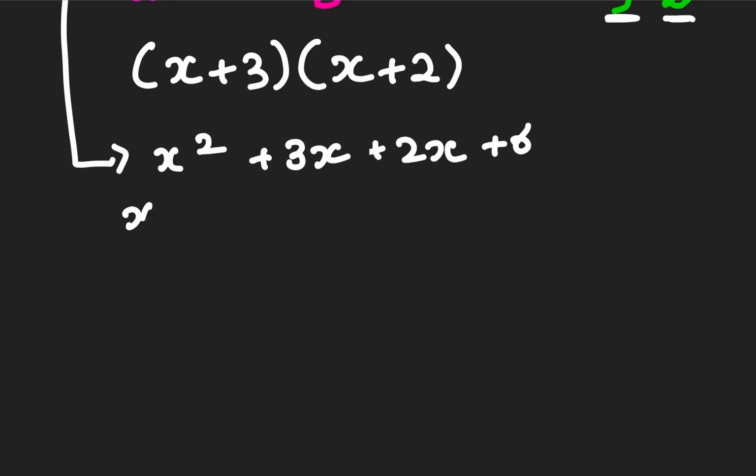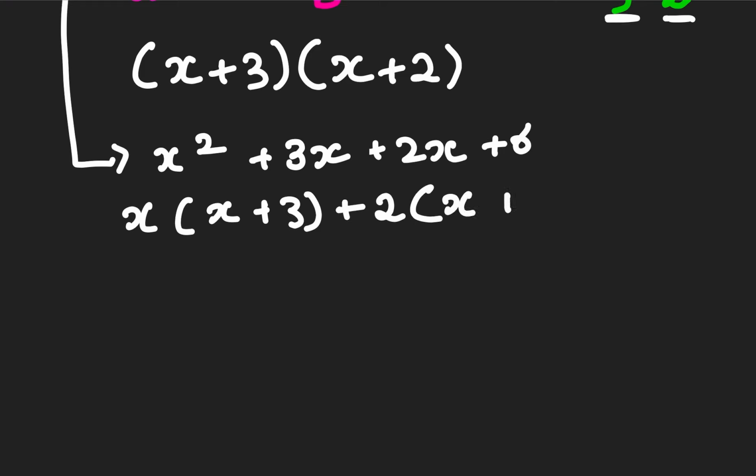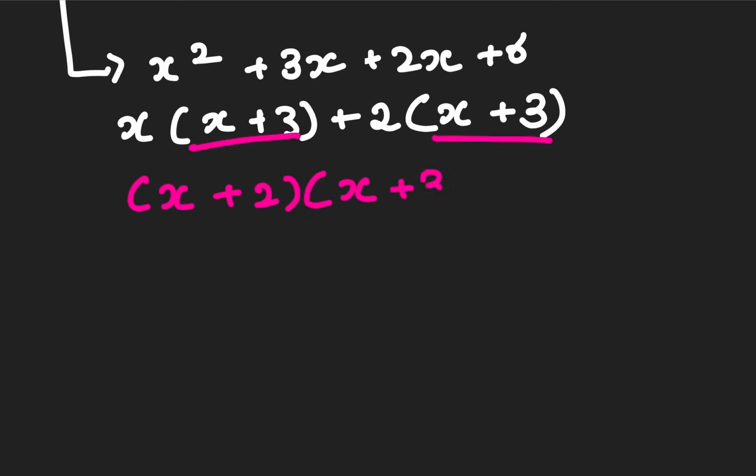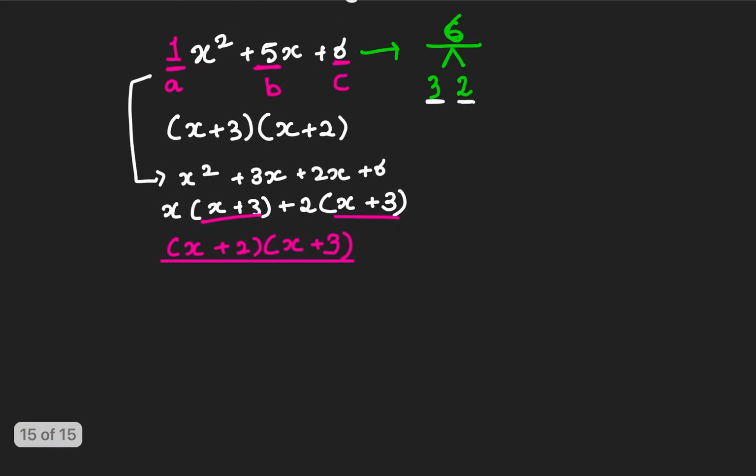So we have x times x plus 3, and then plus 2 times x plus 3, and from here, whenever we have two pairs, let's knock out one and have one remaining. So that's x plus 2 and x plus 3, and we derive the same factorized outcome.